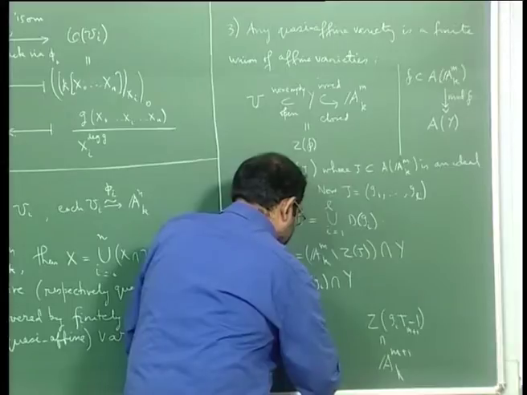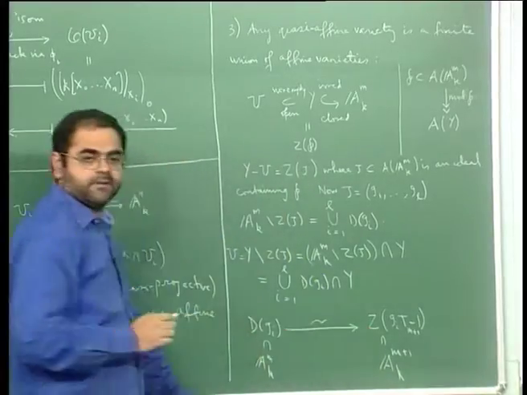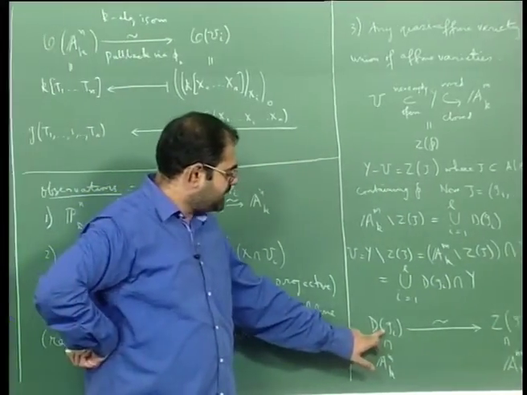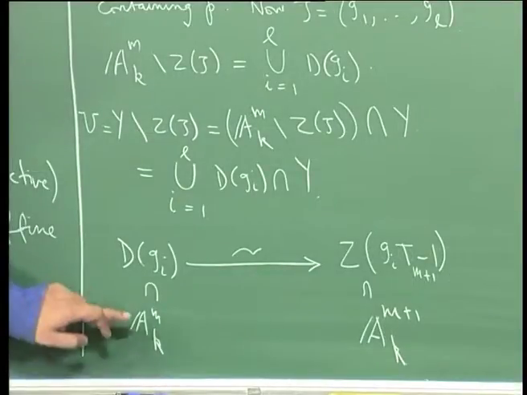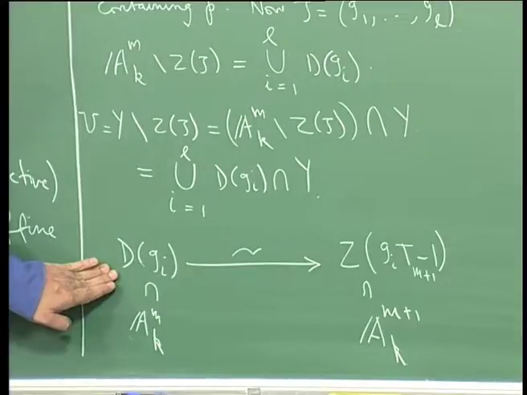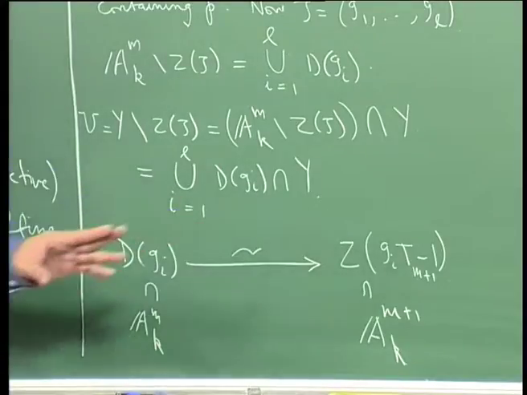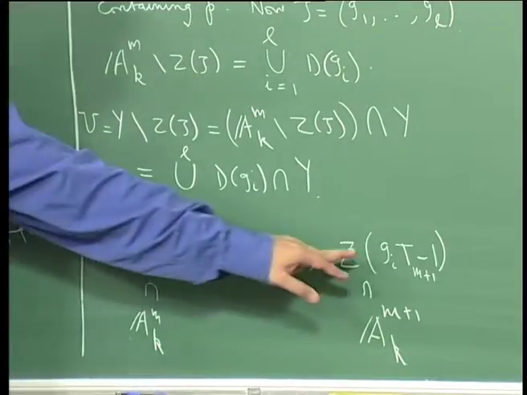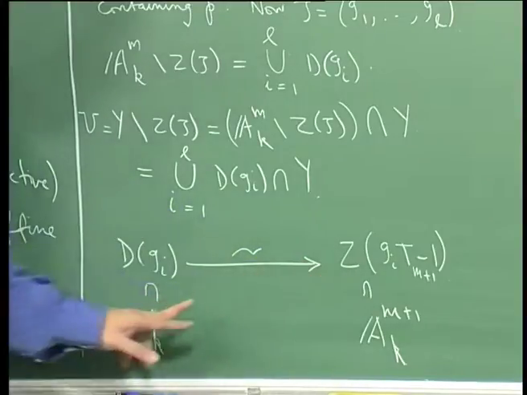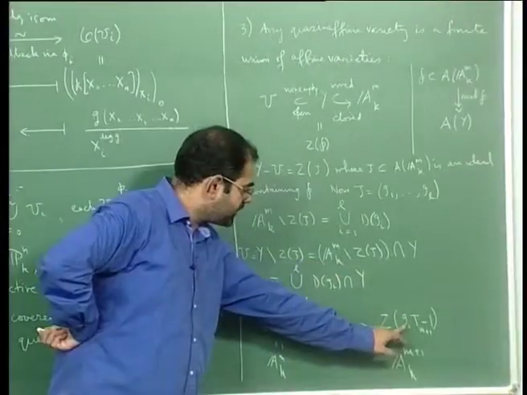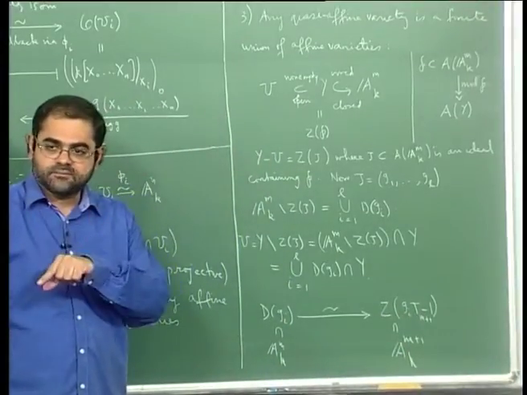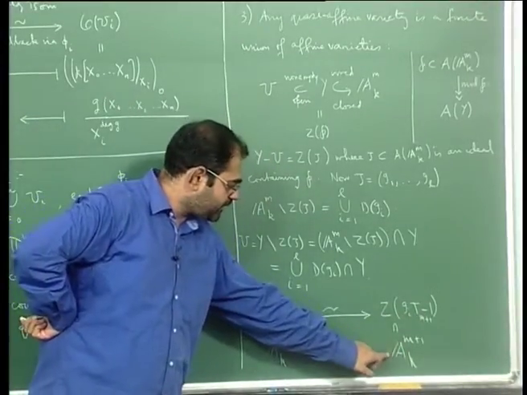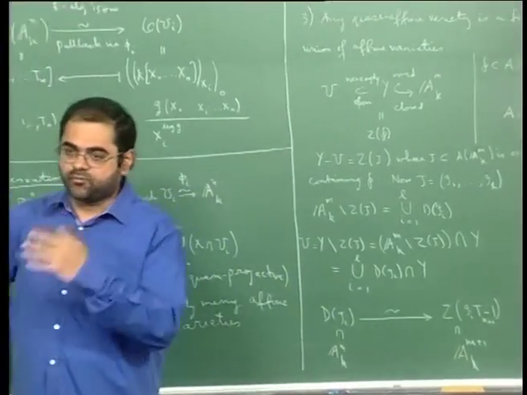There is an isomorphism of varieties like this: each D(gi), a basic open set in affine space, is itself an affine variety, isomorphic to the 0 set of gi times a new variable minus 1 in an affine space of dimension 1 more. We have seen this earlier.